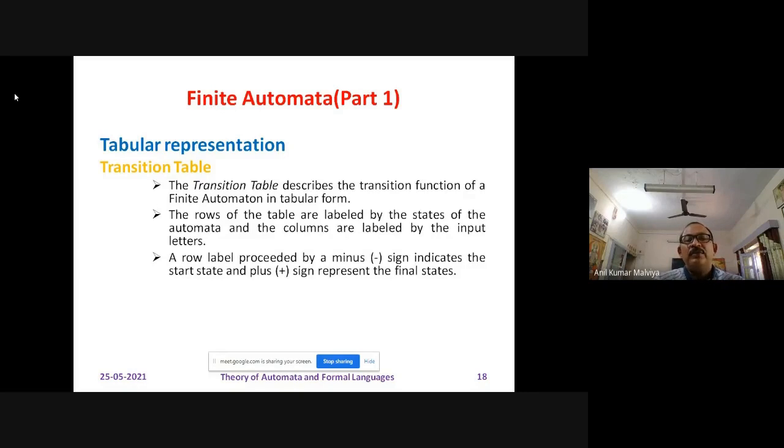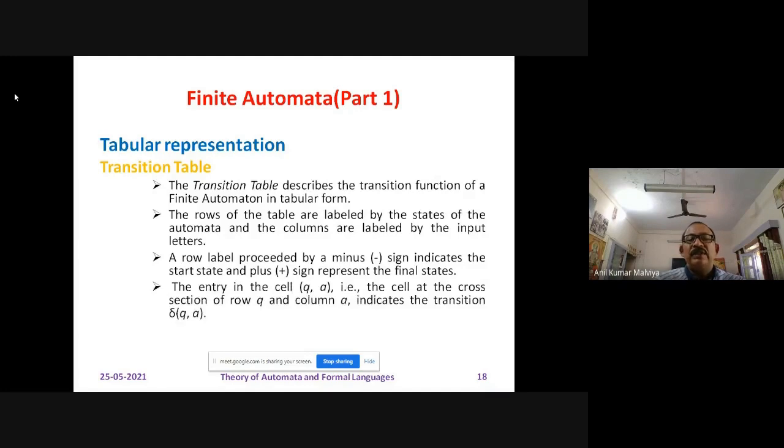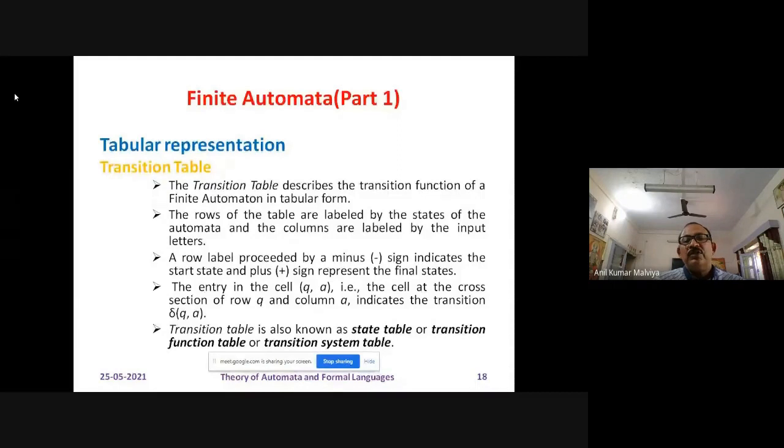A row label preceded by a minus sign indicates the start state, and a plus sign represents the final states. The entry in the cell Q, A, that is the cell at the intersection of row Q and column A, indicates the transition delta of Q, A. The transition table is also known as the state table or transition function table or transition system table.